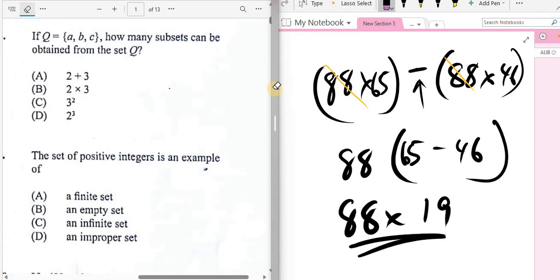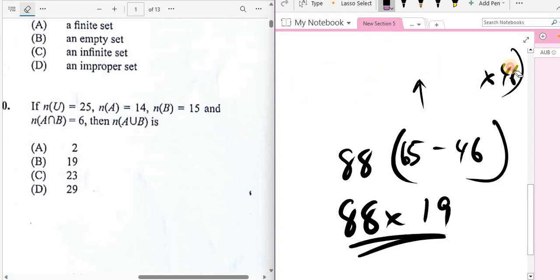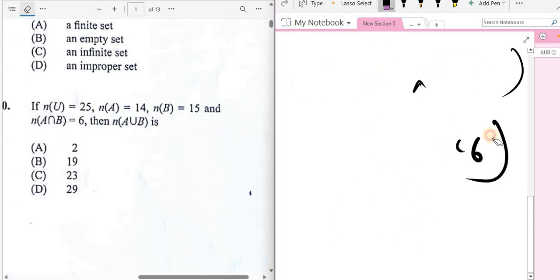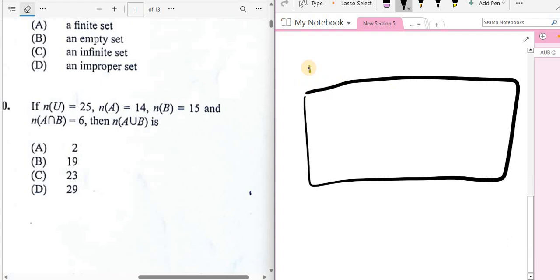Alright, so what's the answer, guys? C. Okay, let's see if we can knock off another one quickly. What about this one? This is one we didn't learn, but we can do this one quickly. What's the answer? The number of elements in the universal set is equal to 25, right?